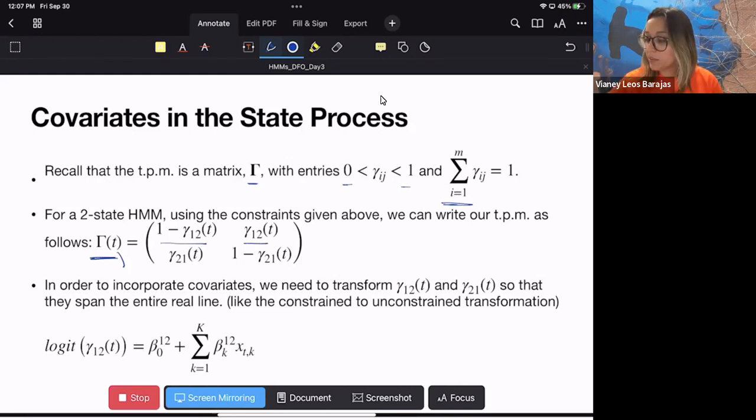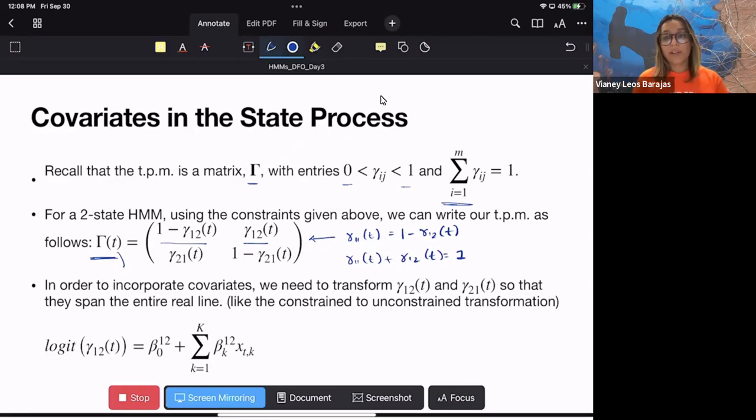So right here, we equate this to 1 minus this. And we can do this because we know the row sum is equal to 1. So we could rewrite our transition matrix for a 2-state hidden Markov model in this manner.